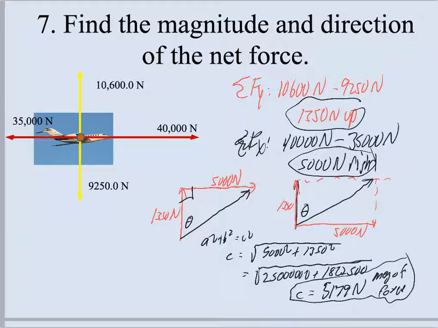And then we have to find the direction. So again, we're just trying to find theta. And we know the opposite's 5,000. We know the adjacent's 1350. So just like we did on our previous examples, sorry about that. Tangent of theta equals the opposite over the adjacent. And to get the angle, we know we're going to have the inverse tangent of the opposite side over the adjacent side.